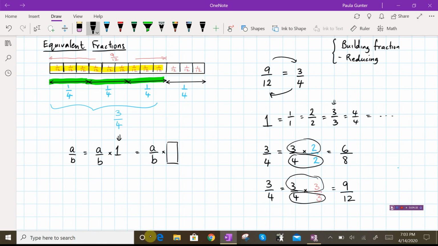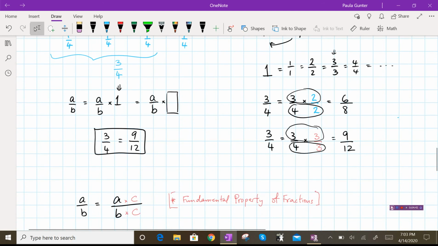So I end up getting that 3/4 is the same as 9 out of 12, which is exactly what my picture tells me. So the question now is, how do I go from one to the other? How will I know? Should I be multiplying by 2 over 2, 3 over 3, or some other number? So let's look at a couple exercises.